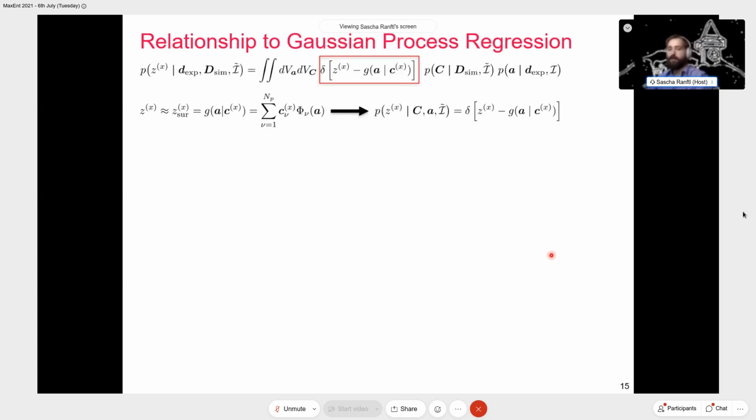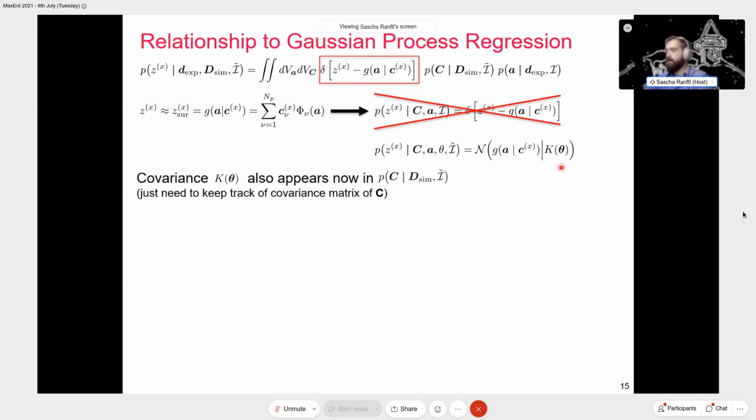Okay, so very briefly, what is the relationship to Gaussian process regression? You remember our lengthy expression where we had inserted this delta. We had assumed that Z is uniquely determined by our surrogate function G, given A and the C's. But for a Gaussian process, we could take a step back and say this is not unique, and we have an additional uncertainty, where this probability is now a multivariate Gaussian centered at the surrogate function with some covariance matrix K parameterized with some theta.